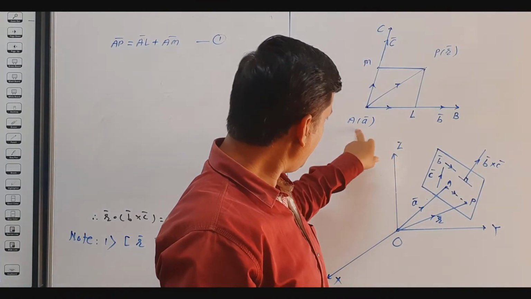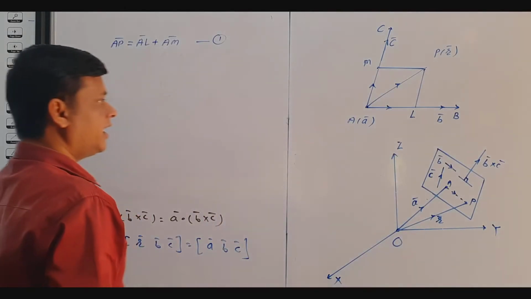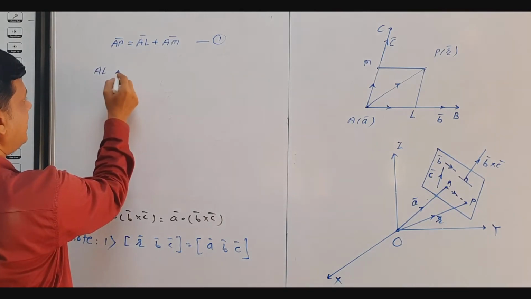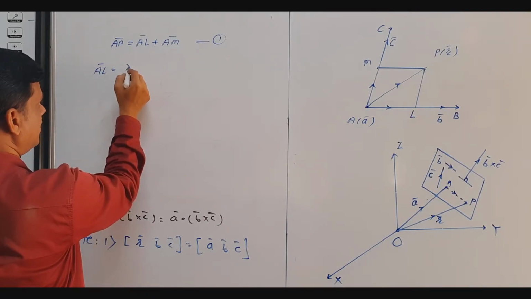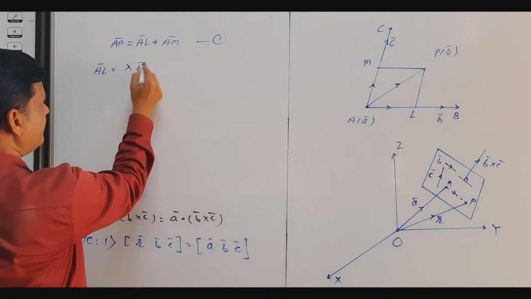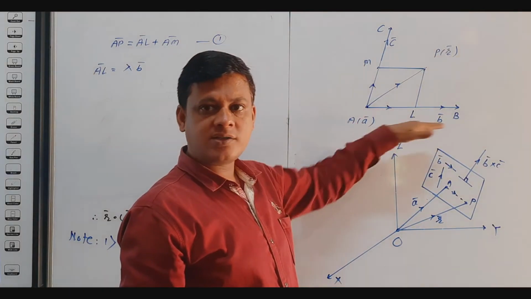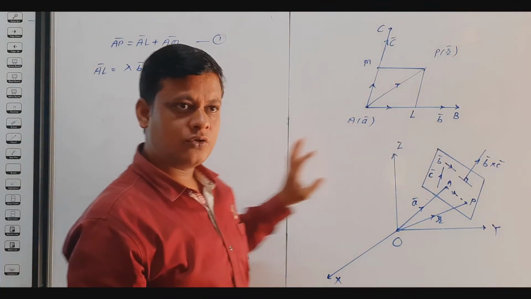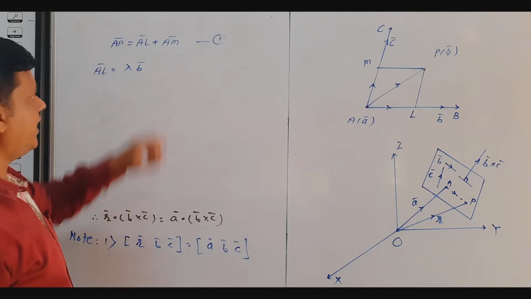So vector AL and vector B bar are collinear. So there exists a scalar lambda such that vector AL is equal to lambda into B bar, because AL and AB lie on the same line.